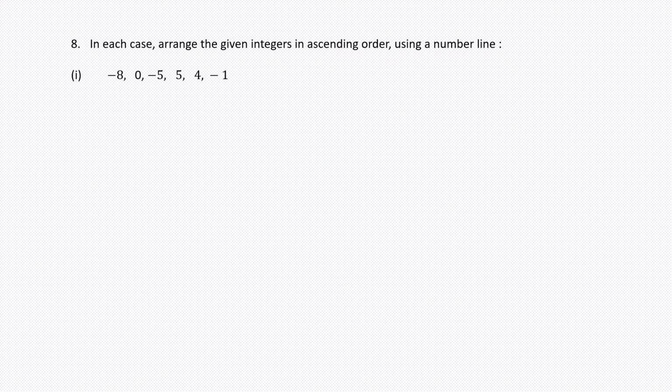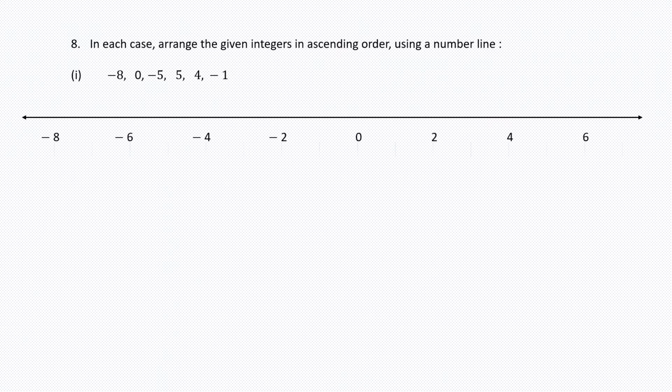Now question 8. In each case, arrange the given integers in ascending order using a number line. So here we're going to arrange them in ascending order by using a number line. The first step is we draw a number line, we get all the numbers in order, and like we did earlier, we're going to write these numbers above the number line in its right places.